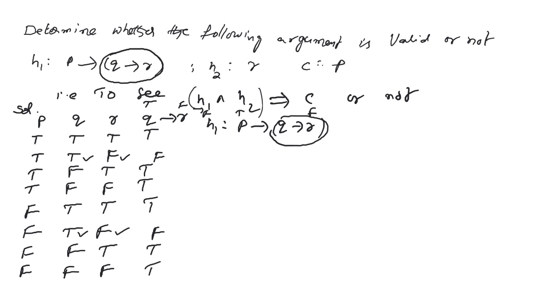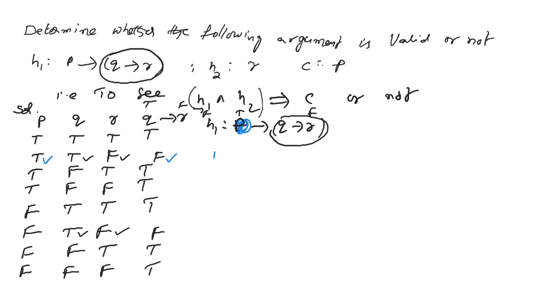When P is true, observe the truth values of Q conditional R. Here this is false, this is true, this is false.